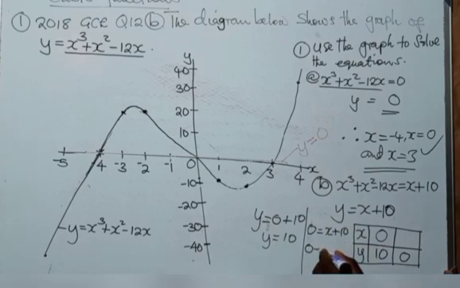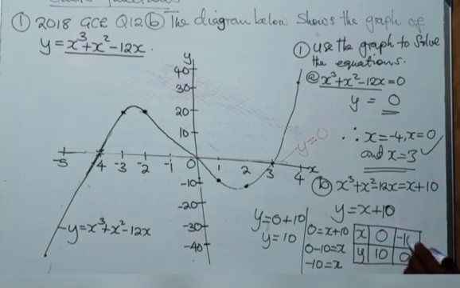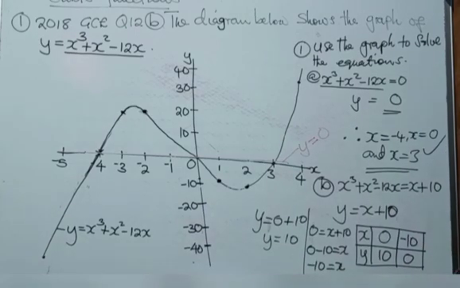Then it will be 0 minus 10 is equal to x. Then the value of x will be negative 10. So this means that we now have 0, 10 and also negative 10, 0.